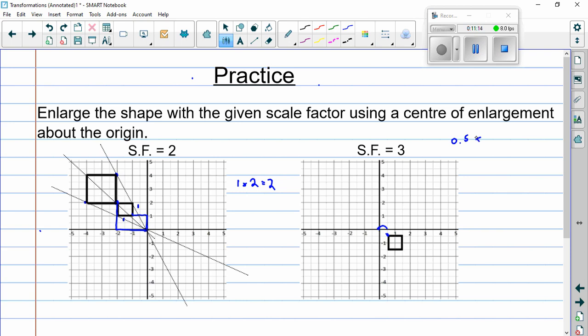So we can do 0.5 times 3, which is 1.5. So we're going to start off, we'll go 1.5 down, and then 1.5 in. So we should be at negative 1.5 and 1.5. Or sorry, 1.5 and negative 1.5 as a point.